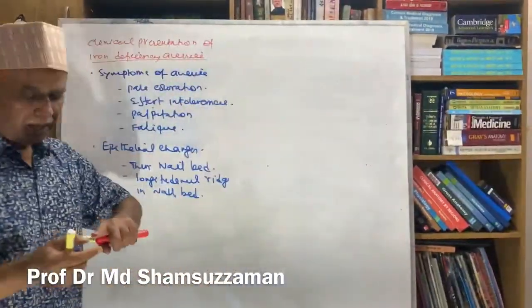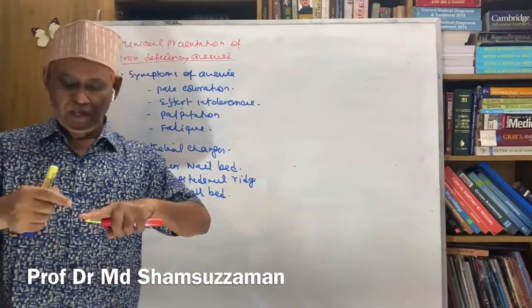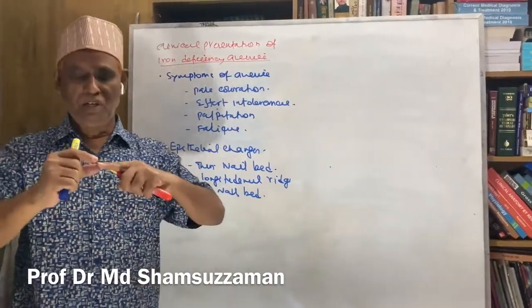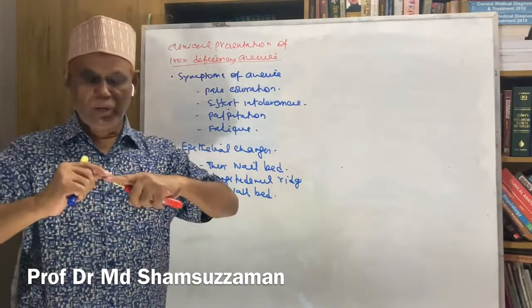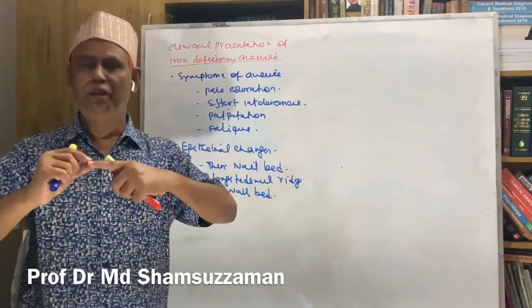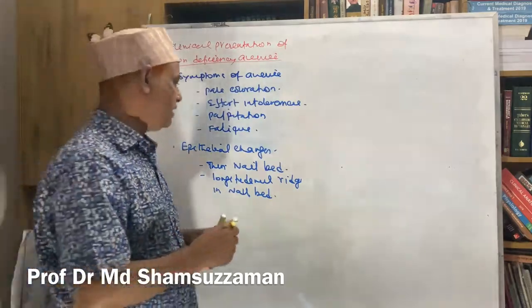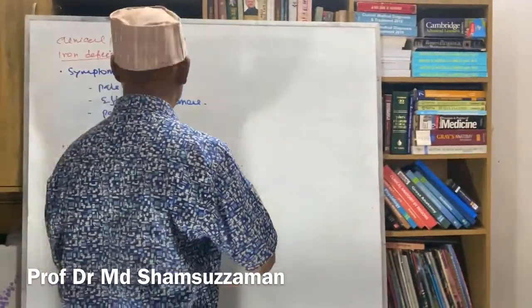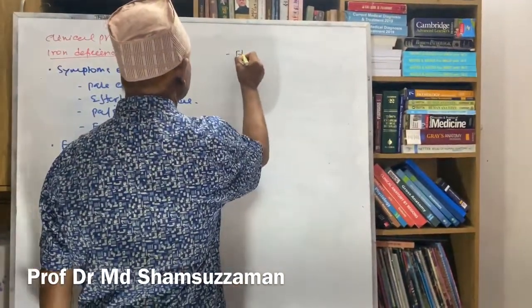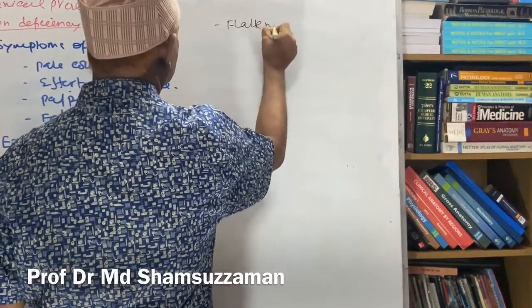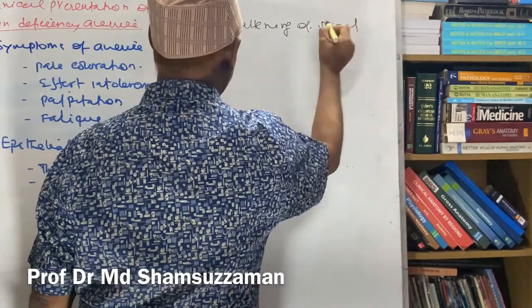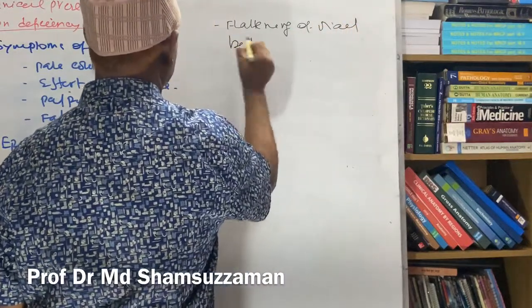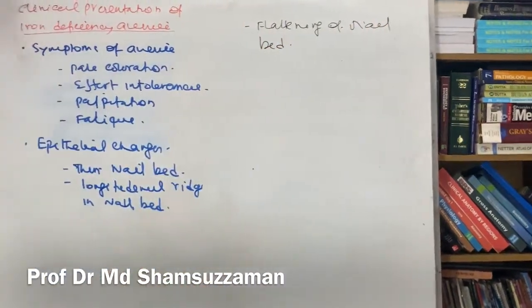Gradually the nail bed becomes thin, with longitudinal ridging, and ultimately, due to thinning, the convexity of the nail bed becomes flattened. So flattening of the nail bed. So these are the epithelial changes.